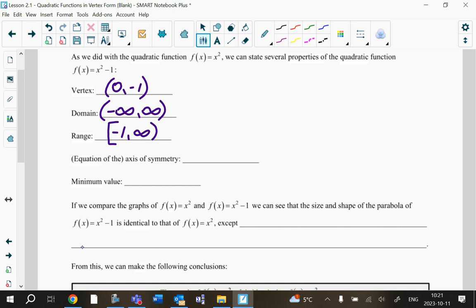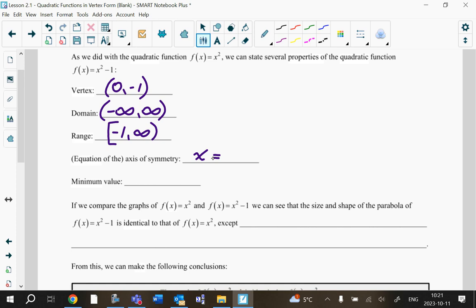The equation of the axis of symmetry. Remember what I said? It's the same as the x vertex. So you've got to write x equals, because it's a line. What's the x coordinate of the vertex? It's still 0. It didn't move.